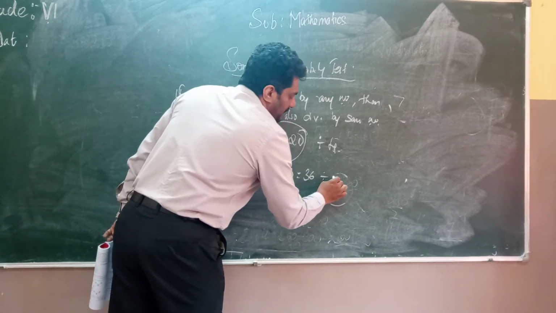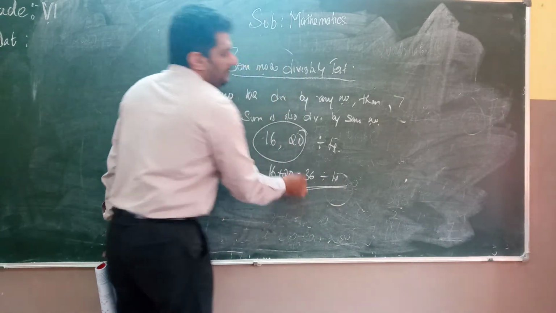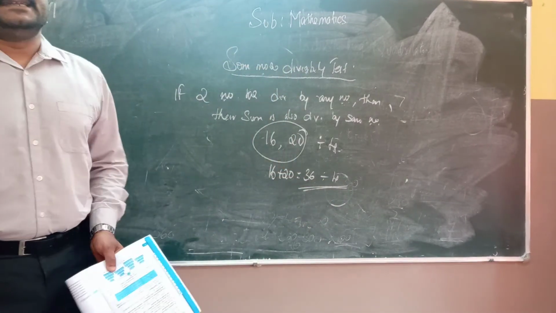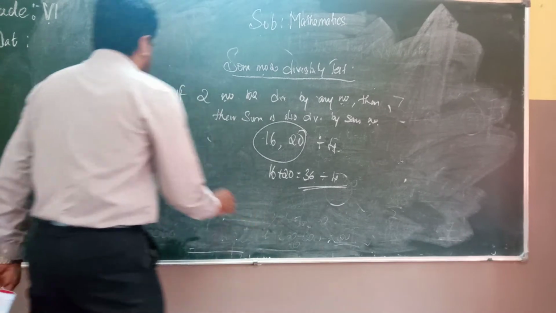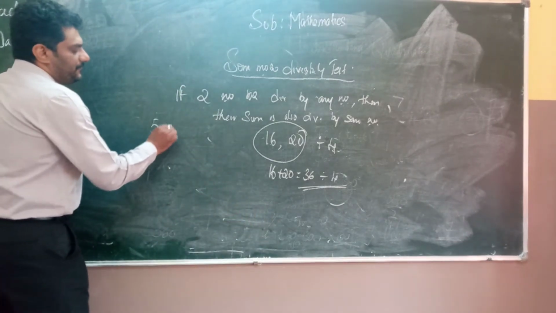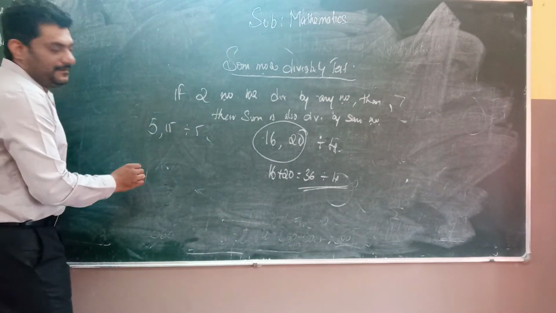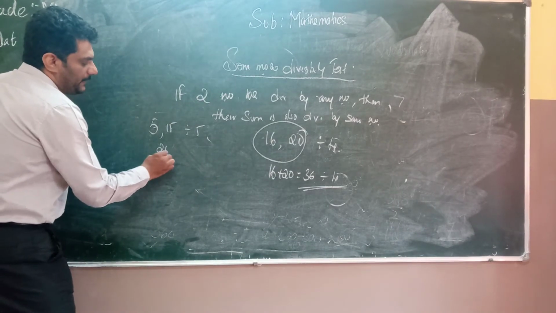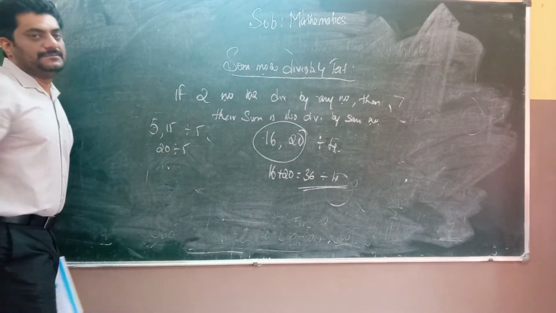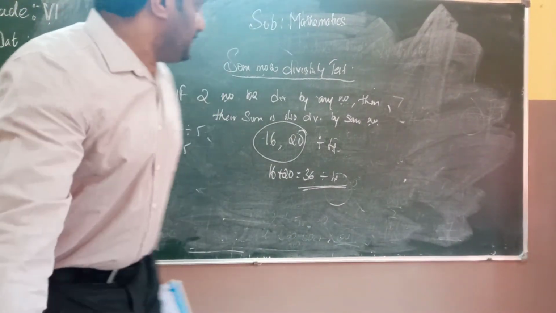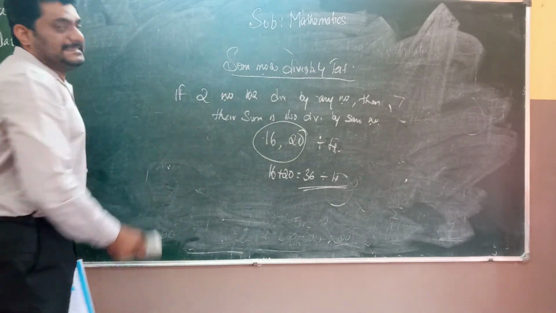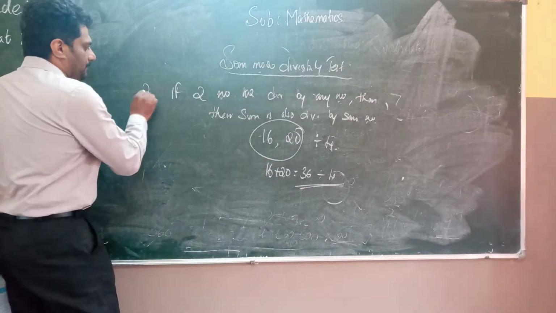This will also be divisible by 4. Now another example: I have 5 and 15, divisible by 5. Add these two, you get 20, which will also be divisible by 5. Same thing applies. This is the second point.